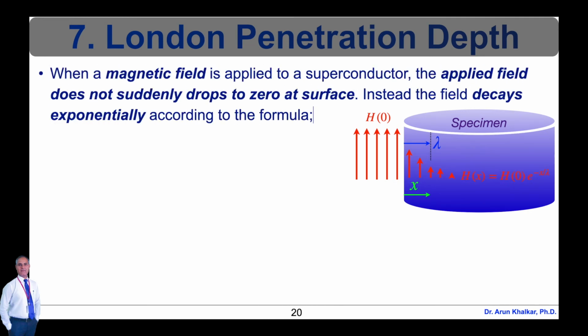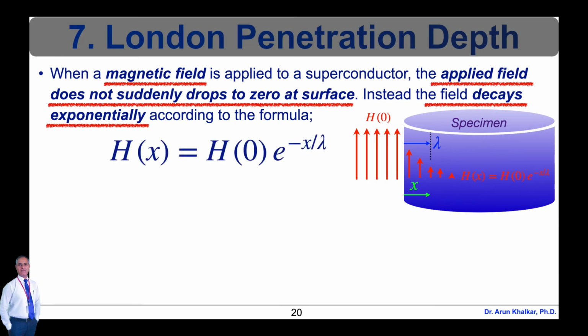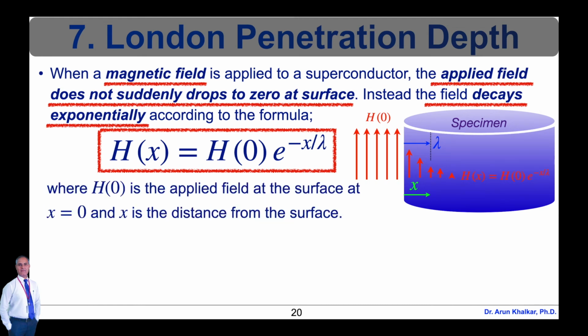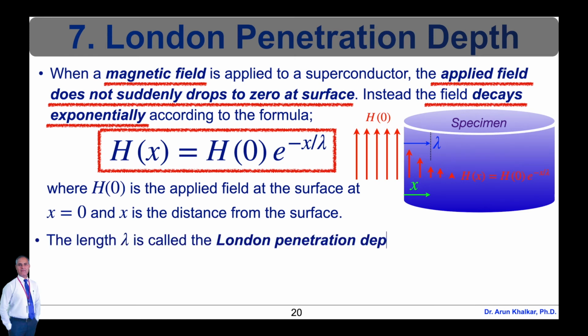When a magnetic field is applied to a superconductor, the applied field does not suddenly drop to zero at the surface. Instead, the field decays exponentially according to the formula H(x) = H0 exp(-x/λ), where H0 is the applied field at the surface at x = 0 and x is the distance from the surface.